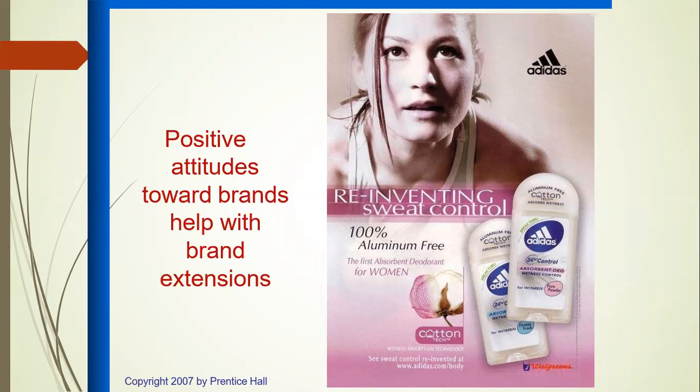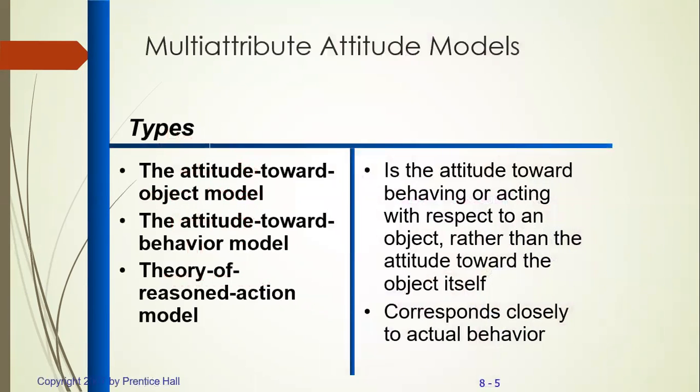Now coming to the next, the attitude toward behaving, or acting, with respect to an object rather than the attitude toward the object itself. So the attitude toward behavior model is all about the behavior of acting toward an object, rather than showing an attitude toward the object itself.